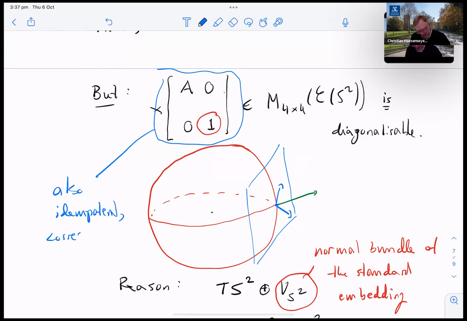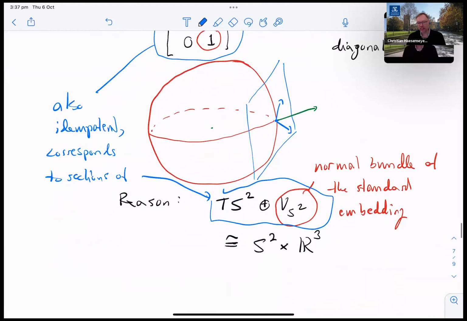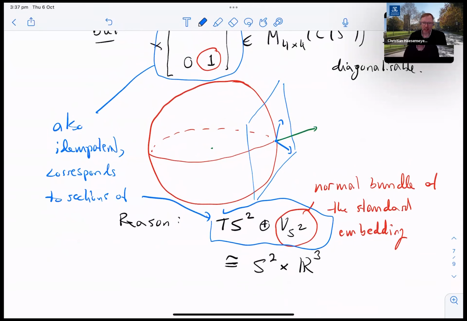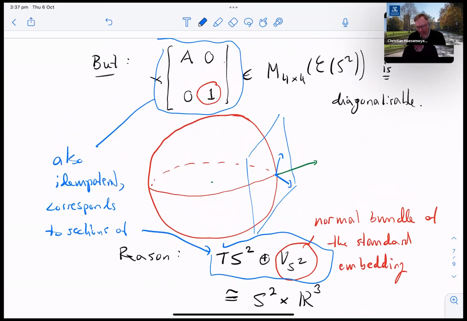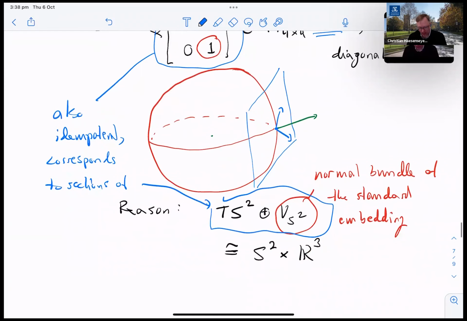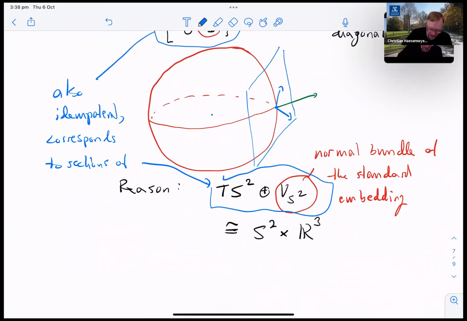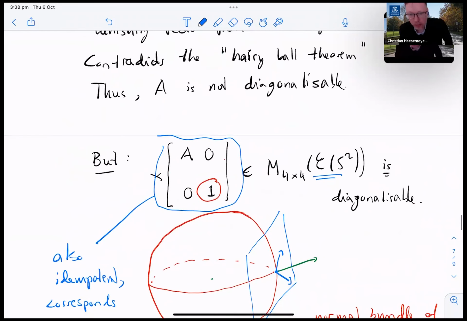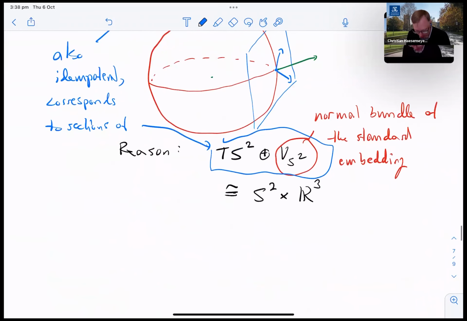So this corresponds to sections of this bundle here. And since this bundle is trivial, those sections actually do admit a basis as a basis of functions on S2. Right. So this matrix A is not diagonalizable, but if I make it a bit larger, it becomes diagonalizable.